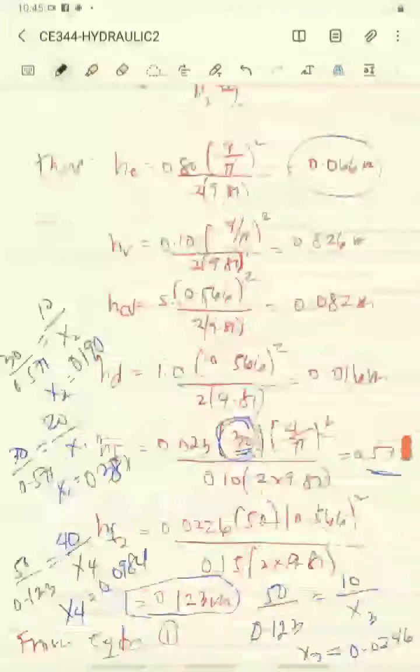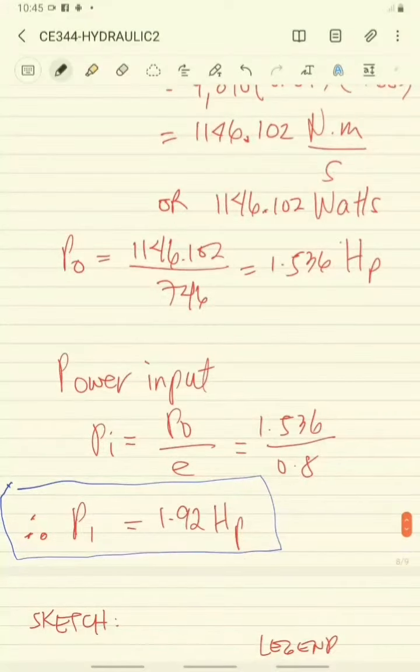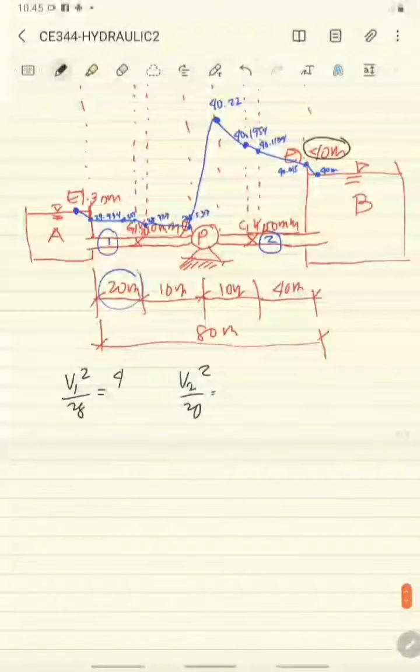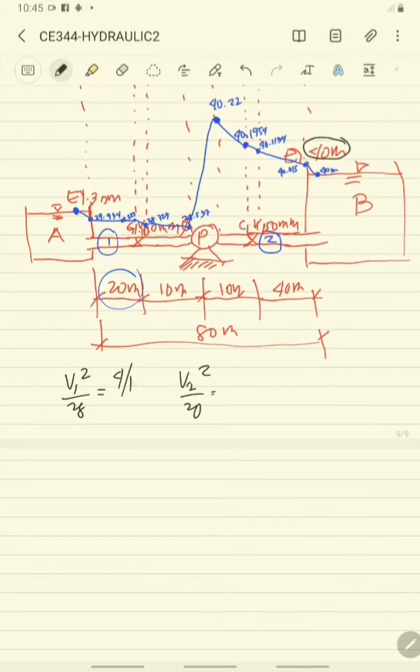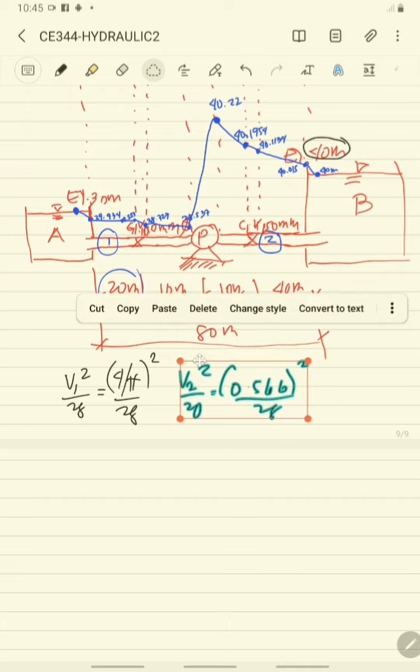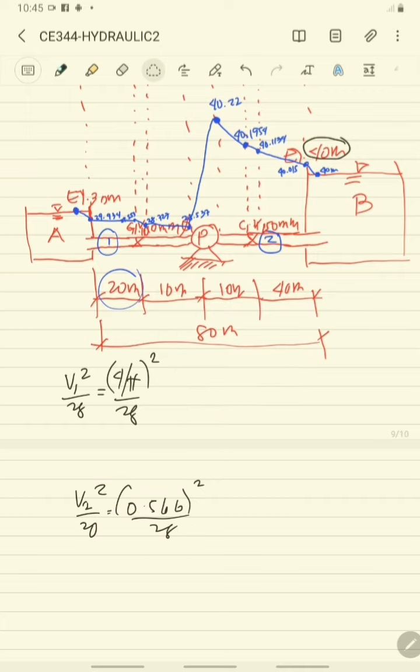Okay, 4 over pi divided by 2g, and this is 0.566, squared over 2g. So we have 4 over pi squared divided by 2 times 9.81.